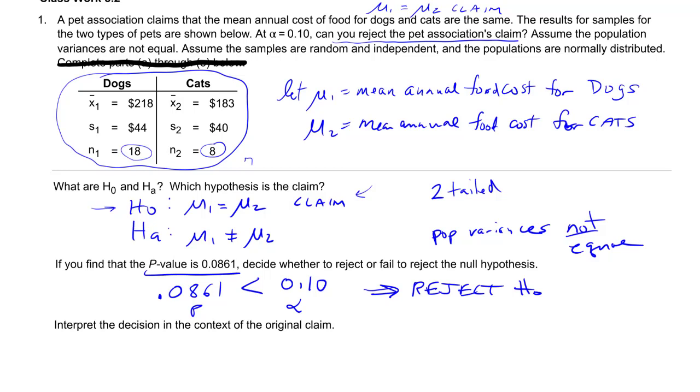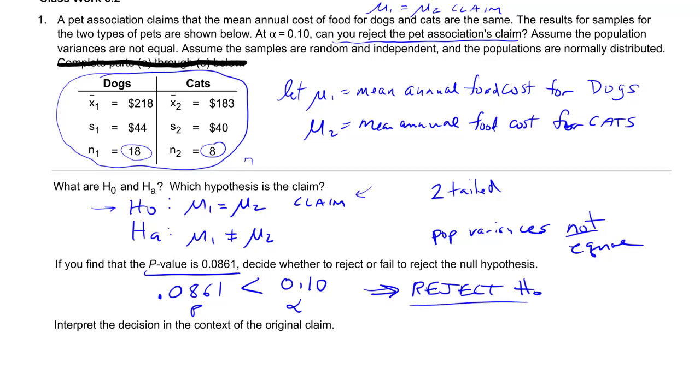So now we want to talk about what we can say about the claim. Interpret the decision according to the claim. Now again, because the claim was H0, this is a rejection mode. So did we have enough evidence to reject the claim, or did we not? Remember, the claim here is the null hypothesis.